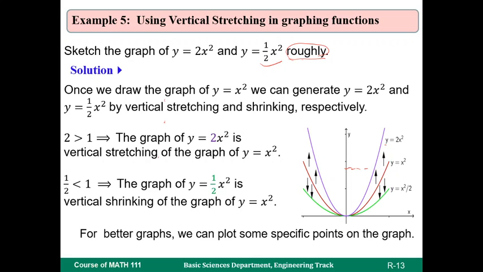And if you want to do a precise graph, it's better you take the points and plot them, like the ordered pairs, and make nice graphs. But we did it roughly to see the vertical stretching, using this property here.